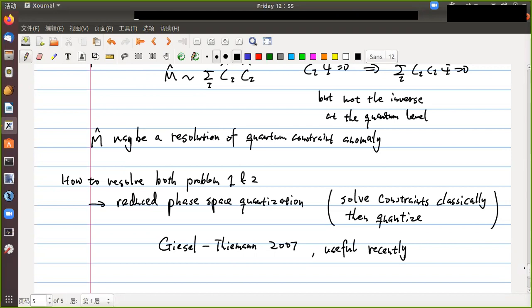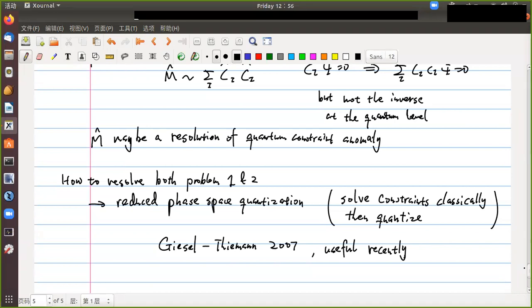Although you are solving those constraints classically, you will end up with some other operators, which we call the physical Hamiltonian. When you solve the constraint classically, you still need to define your time evolution, and in the end you will end up with the physical Hamiltonian. This physical Hamiltonian is just a certain combination of the earlier Hamiltonian constraint and diffeomorphism constraint.